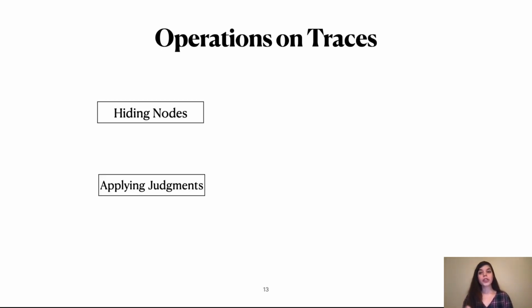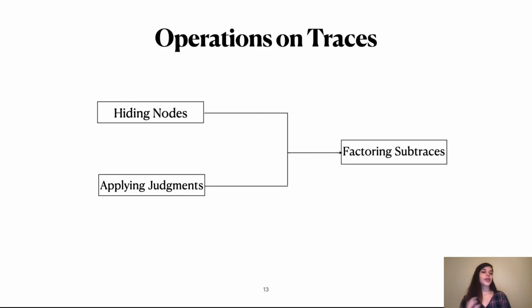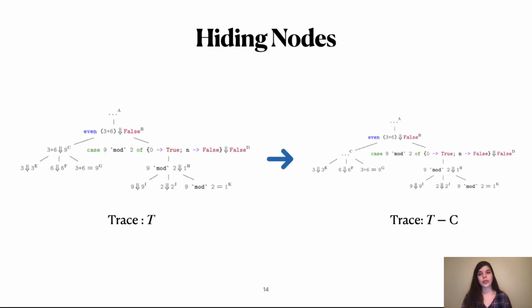Applying judgments operation. This is a much more complicated one. In this, we propagate the value of our judgments to the other parts of the trace, and finally we can combine these two operations and give a factoring subtraces operation, where we apply the judgments as well as hide the nodes. So let's look at each of them one by one. Let's look at hiding of nodes.